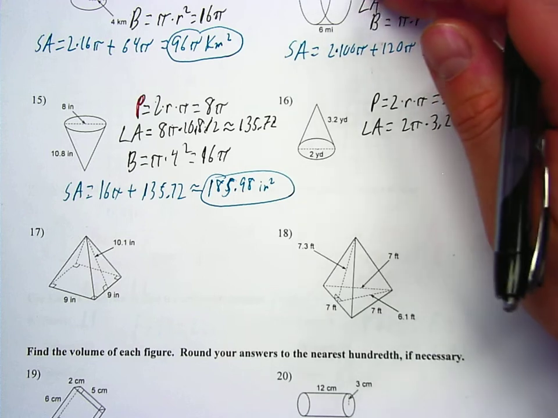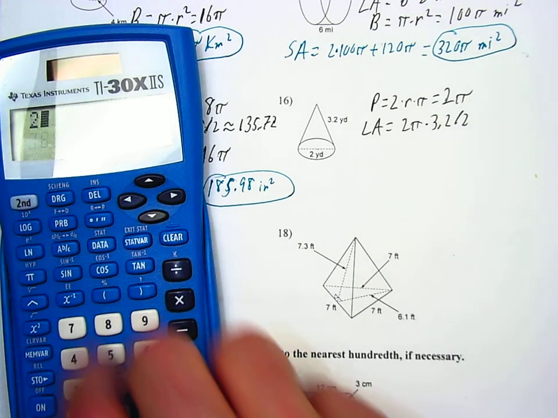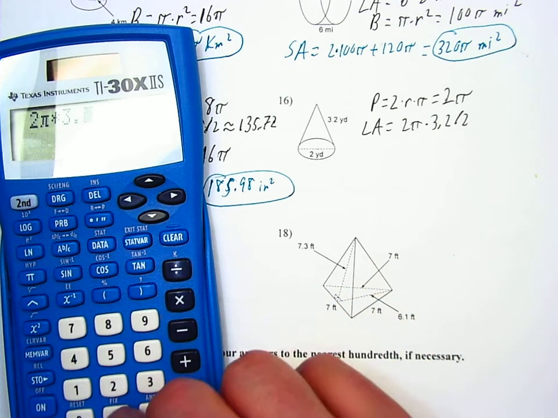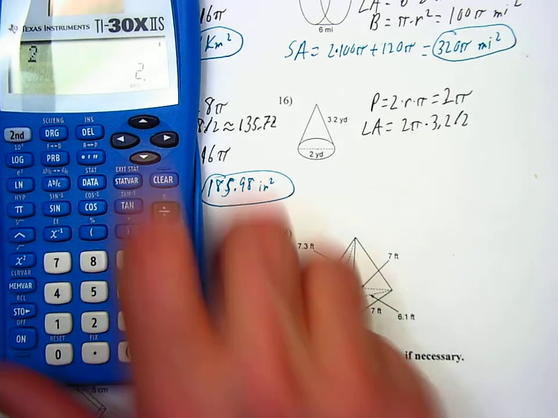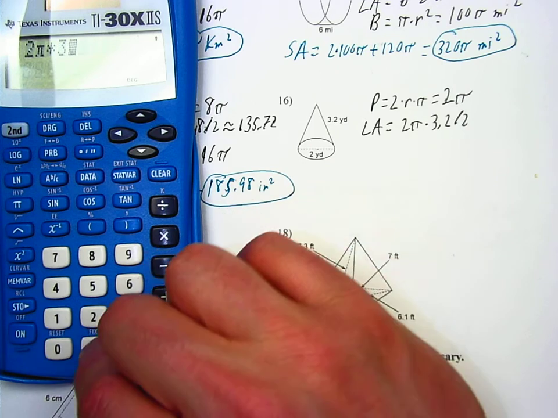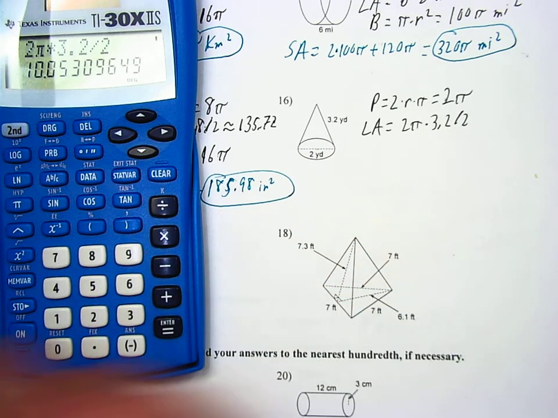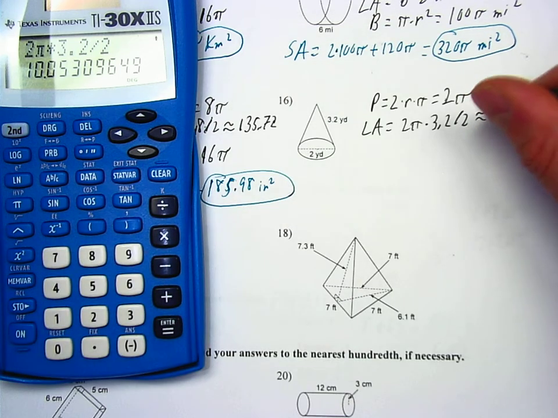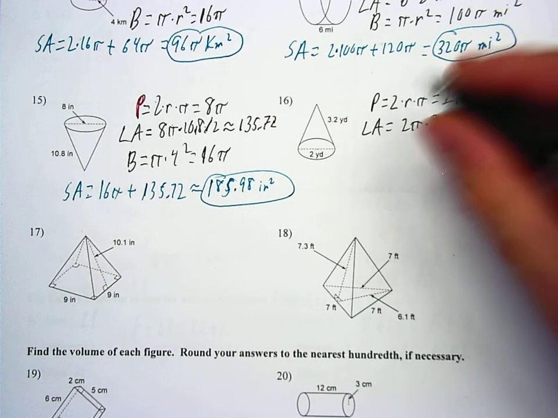So instead of being a full cylinder, it's a cone. So I will do that in the calculator once again. 2 pi times 3.2 divided by 2 is 10 and 5 hundredths in terms of my lateral area. Approximately 10 and 5 hundredths. These are all in yards and square yards.